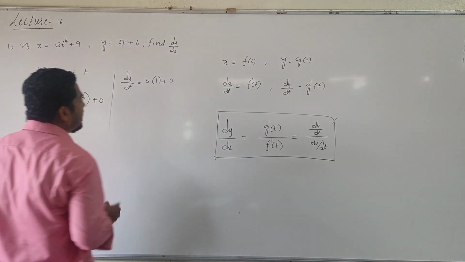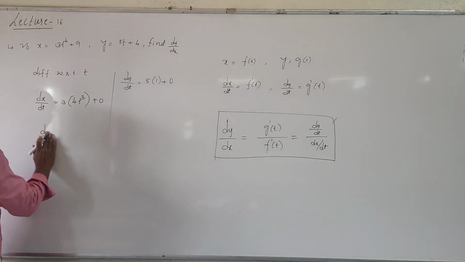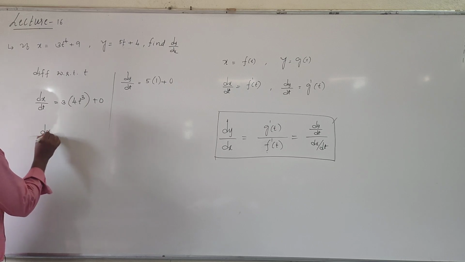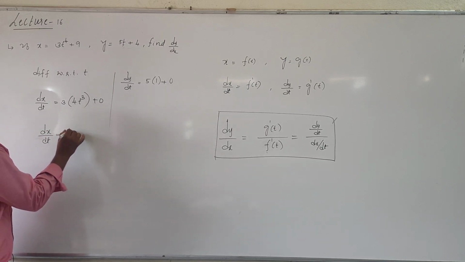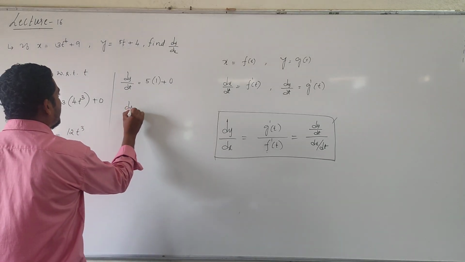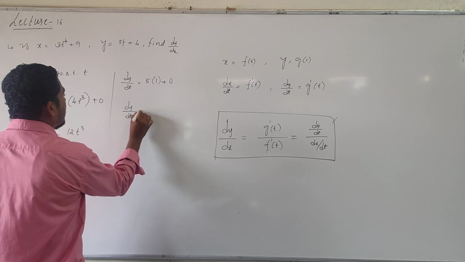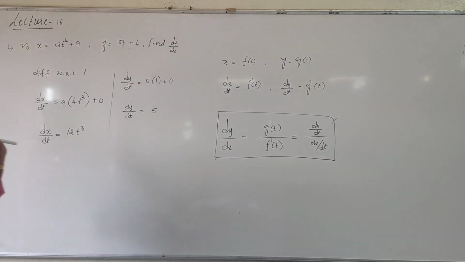Plus 4 is there, its derivative is 0. Then we get dx by dt. The simplified form of dx by dt is equal to 12t cube and the simplified form of dy by dt is equal to constant 5.